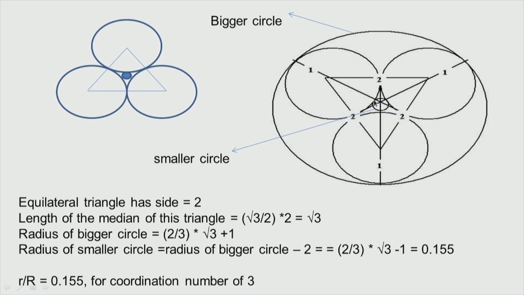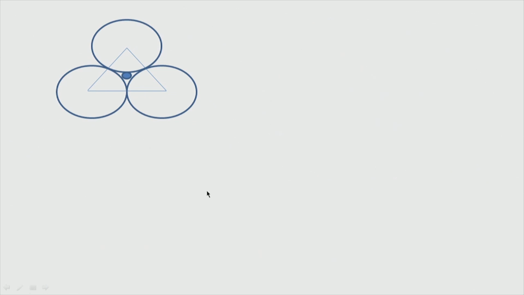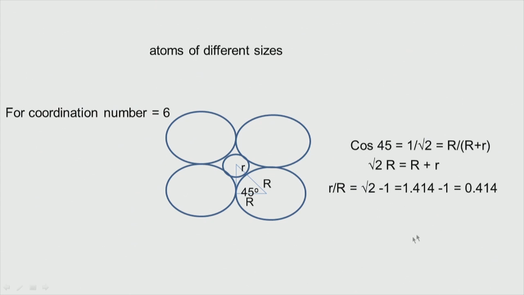So the radius of this small circle which is touching all these, divided by the radius of this bigger circle, will have a ratio of 0.155. This is obtained from geometry, so it is not very difficult. I can have a small circle placed inside which touches all these bigger circles, and the size of that circle will be related to the size of the bigger circle by r/R equal to 0.155, whereas in the previous situation we saw r/R equal to 0.414.